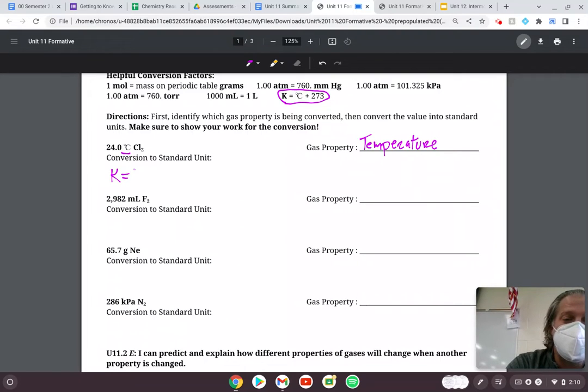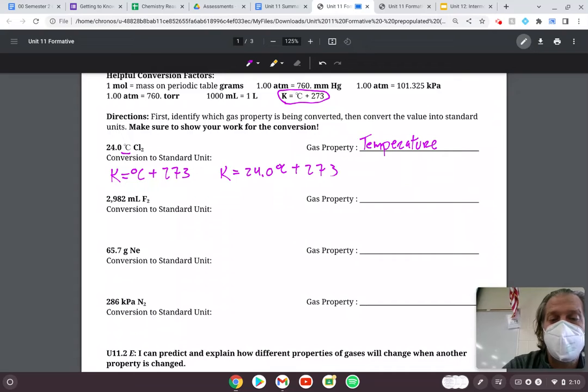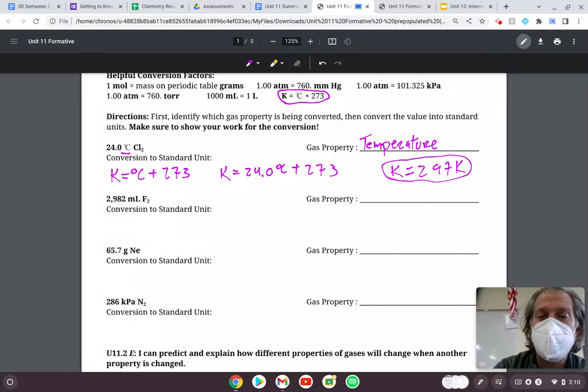So Kelvin is equal to degrees Celsius plus 273, or Kelvin equals 24.0 degrees Celsius plus 273, or Kelvin equals, what is that, 297? Something like that. And that's what we're looking for in the first one.